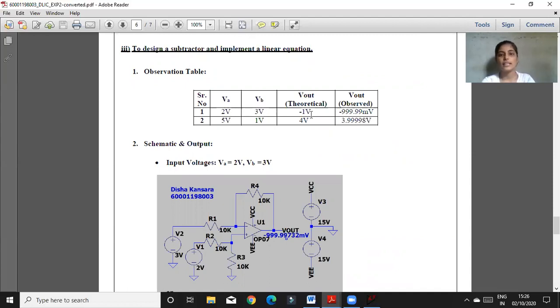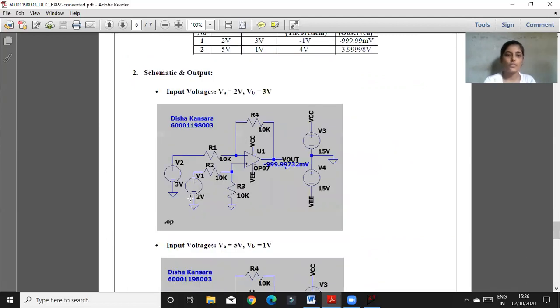I theoretically calculated minus 3 volts, and here is my circuit where V1 is 2 volt, V2 is 3 volt, and R1, R2, R3, and R4 are all 10 kilo ohms. My practical result is minus 99.997 millivolts, which is approx minus 1 volts.